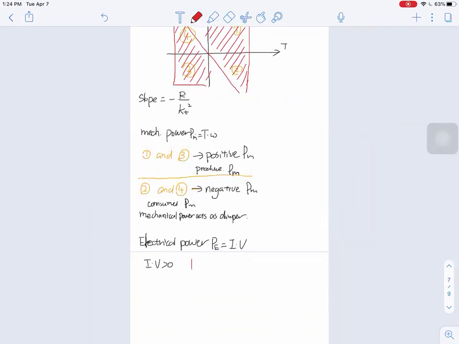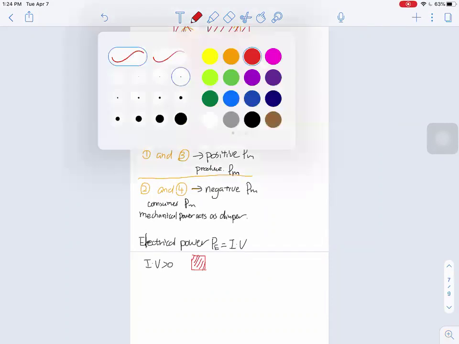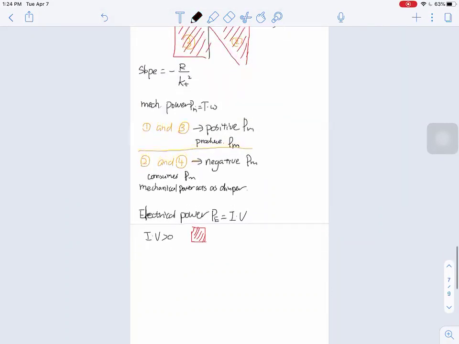So the red shadow region is when the electric power is greater than 0. That means we're consuming electric power.